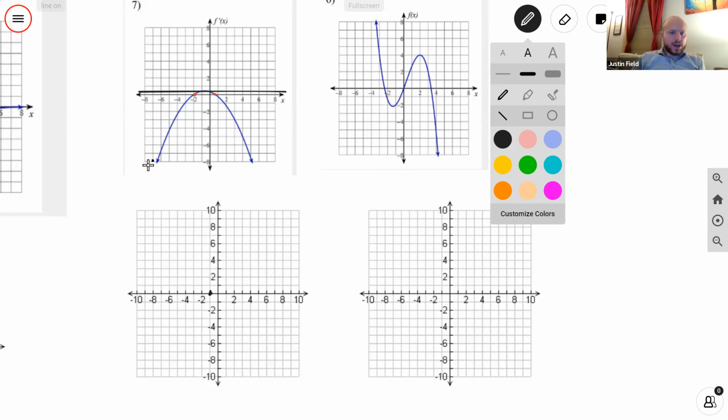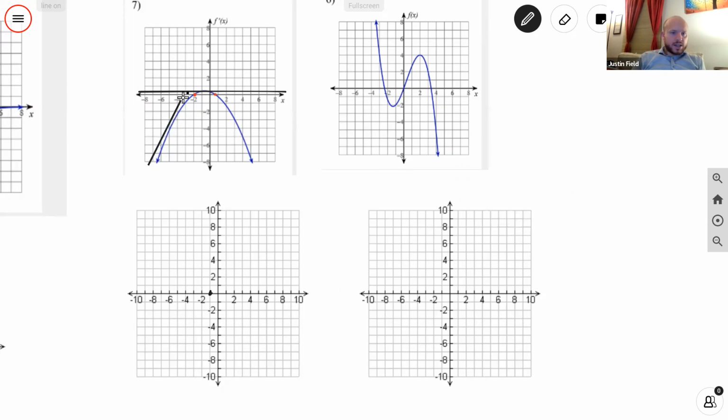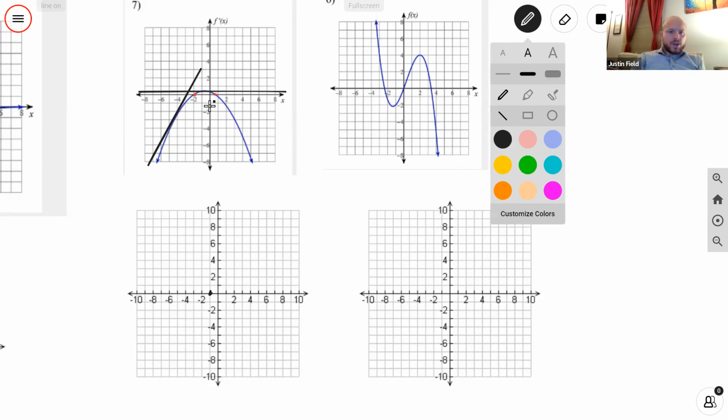Now, maybe let me pick a point over here at -5. Let me try to draw a tangent line, tangent to the graph at -5. So I see that this is a negative slope. And oh no, it's a positive slope, from left to right. Sorry about that. And maybe the slope is, if it goes over 1 up 2, so maybe the slope is like 2.